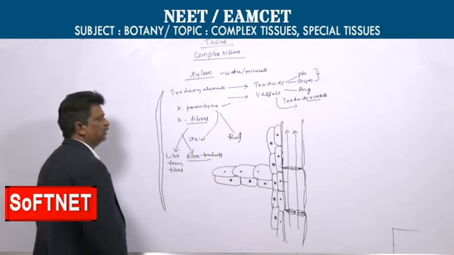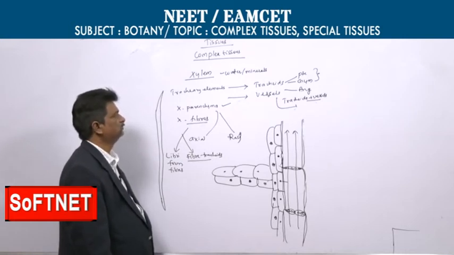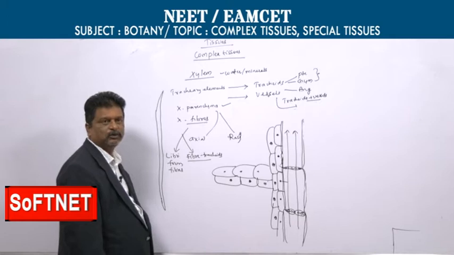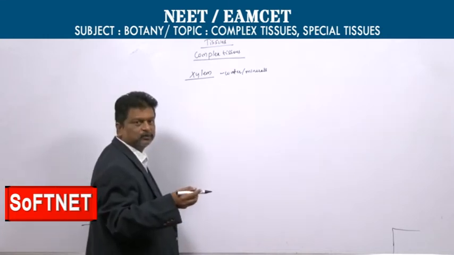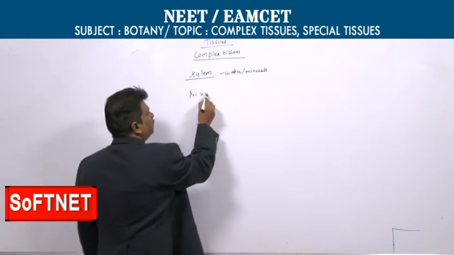So these are the parts of xylem, and the main function of xylem is conduction of water and minerals, that too only from base to top. That is called unidirectional, and such flow is called ascent of sap. Xylem is of two types based on origin. One is primary xylem.